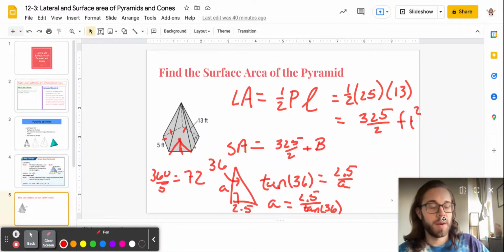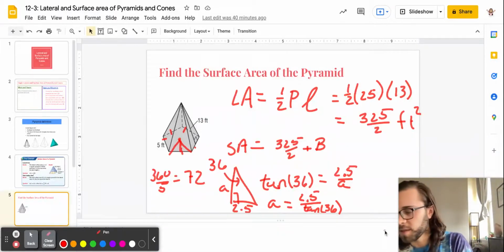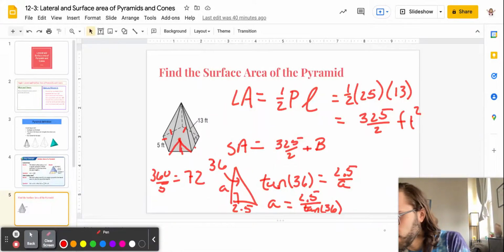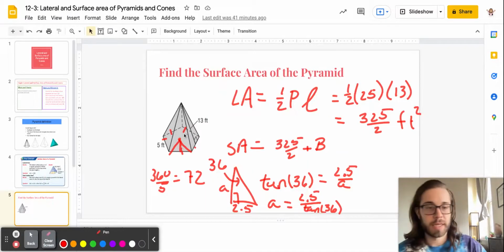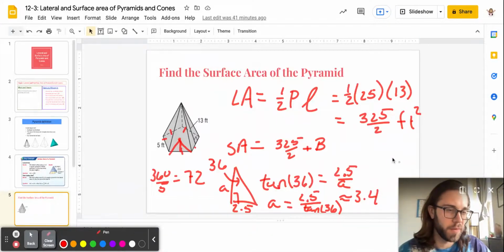Now, depending on where you start plugging things in and rounding, your answers might end up a little bit different. So I'm going to plug it in here. 2.5 divided by tangent of 36 ends up being approximately 3.4. We'll use 3.4.